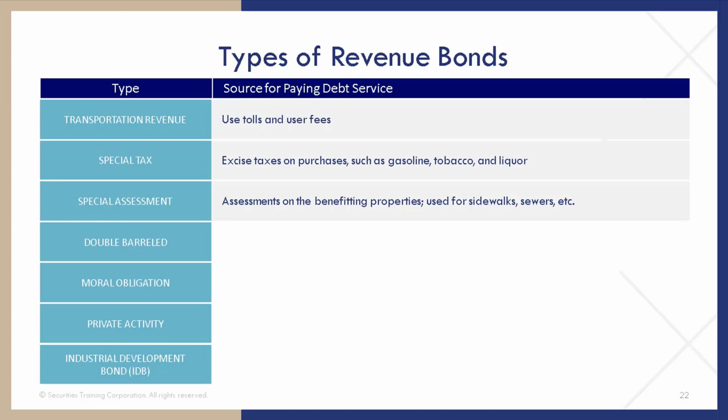The term double-barreled bond means backed by two sources. And the way these generally work is it's backed by the revenue produced by a facility. So the municipality might issue revenue bonds backed by the revenue produced by the facility to build this new convention conference center, and it's hoped that the revenue will be sufficient.